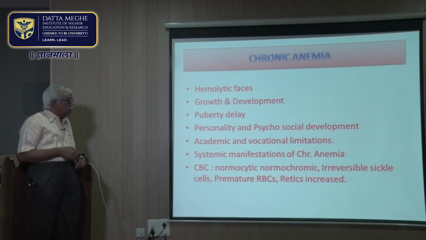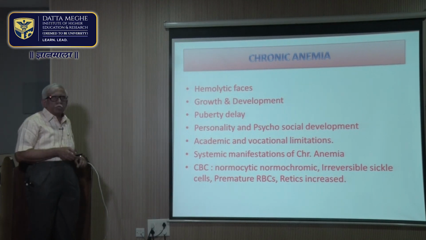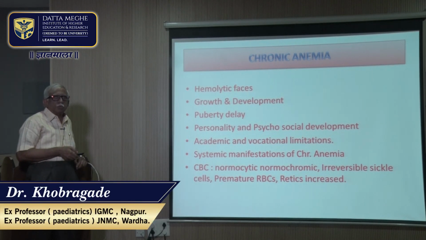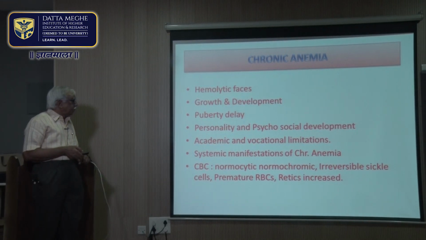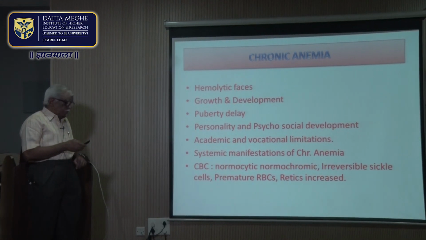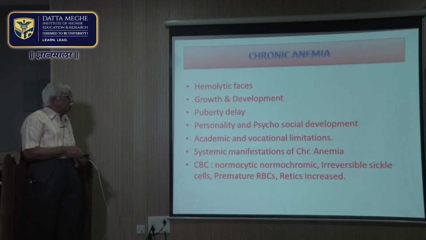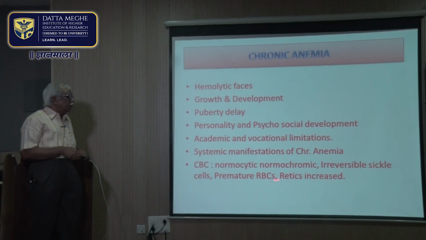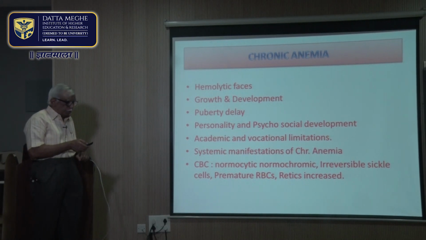Academic and vocational limitations are there. Systemic manifestations of chronic anemia can be there in the form of hemic murmurs or signs of congestive failure. The CBC is usually normocytic, normochromic, and irreversible sickle cells may be seen on the peripheral smear, with premature RBCs and increased retics.